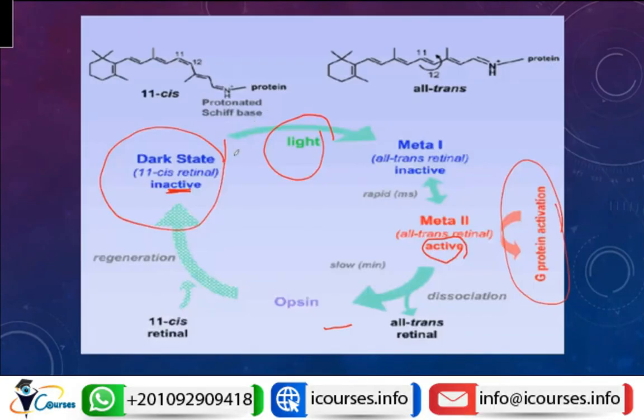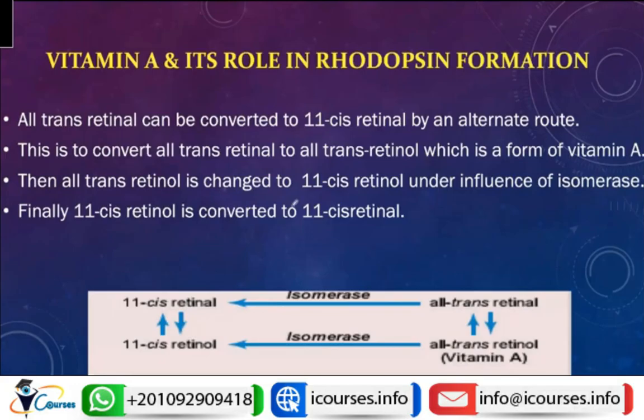So as you can see here, the rhodopsin is decomposed, so it will lead to formation of the form of vitamin A, which is called the meta 1 and the meta 2, and the opsin. Don't forget about the opsin, that the opsin is now free in the disk. So where is the vitamin A and what is the vitamin A role here in rhodopsin formation?